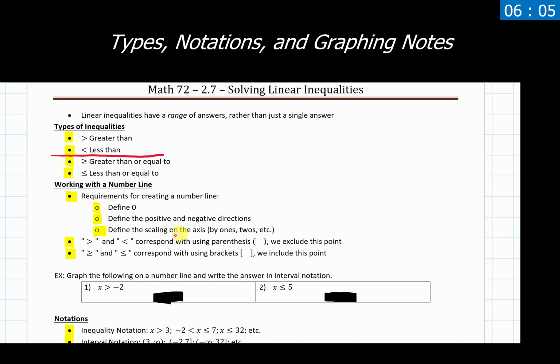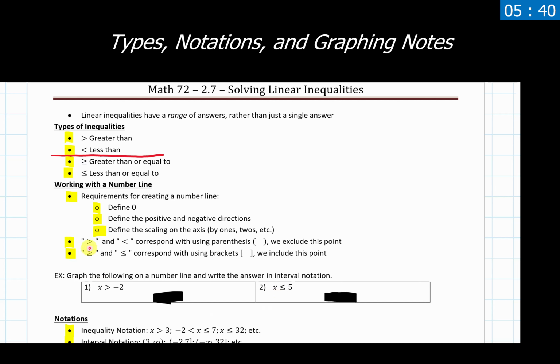We also want to define how we're scaling the axes. Is every single tick mark going up by 1s or down by 1s? Am I going up by 3s, by 5s, by 10s, down by 3s, 5s, and 10s? We want to make sure we have that defined for ourselves. And once we've done that, then we can actually graph the inequality that has been given to us.